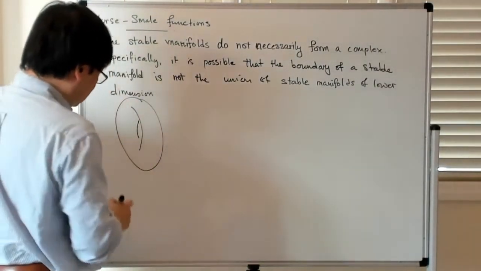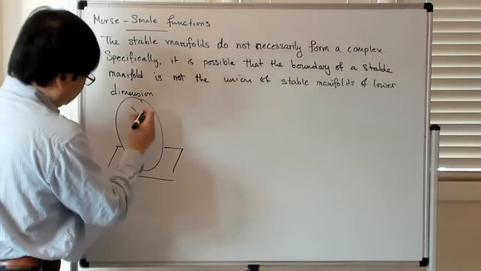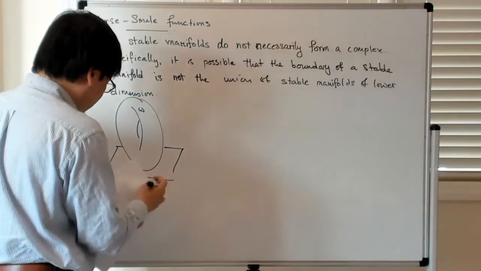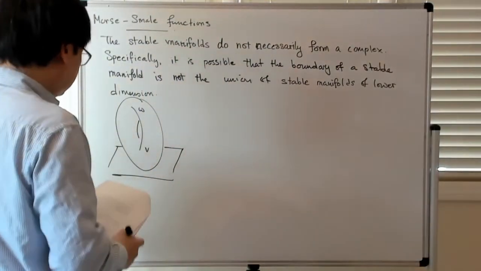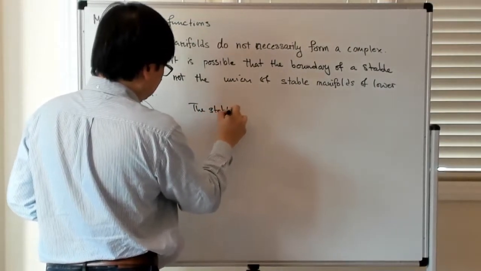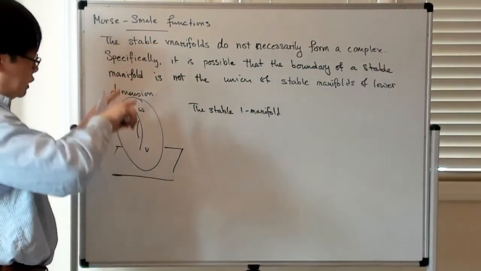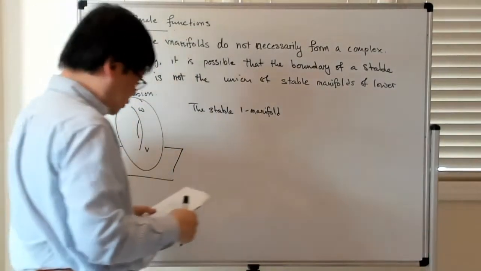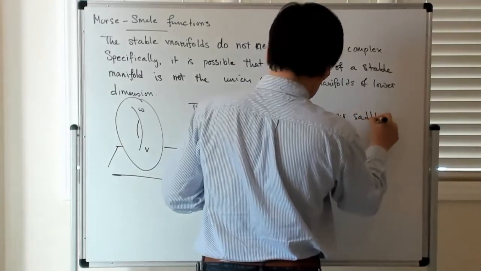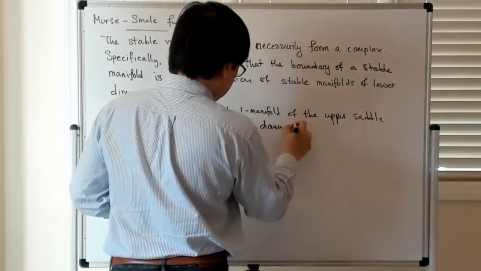If you have an upright torus, and in particular you have these two critical points, W, which is the top saddle, if you will, and let's call the other one V. Then the stable one manifold of the top saddle W goes down and reaches the lower saddle.